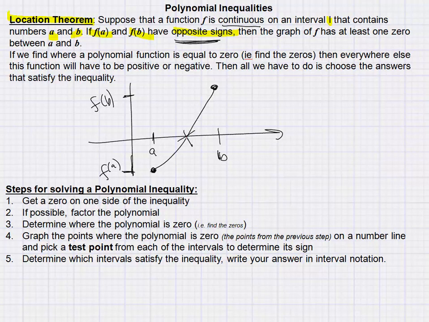So this point right here would be my x-intercept, which means it's a 0. So that's really what this location theorem says.